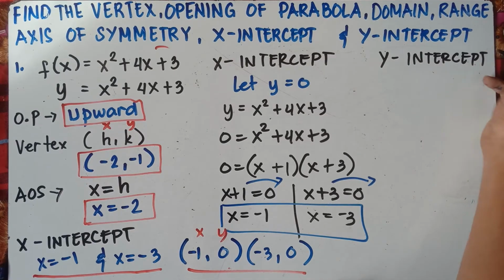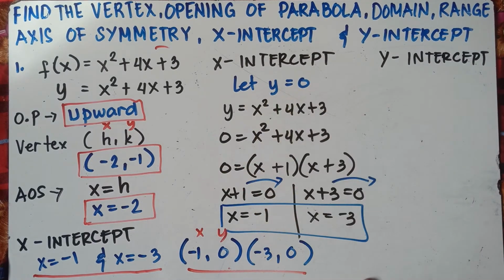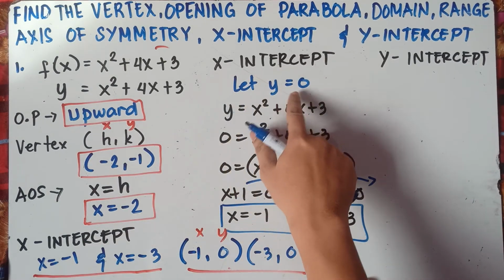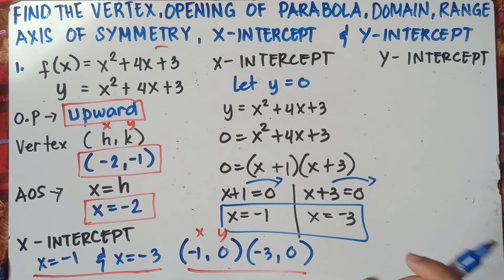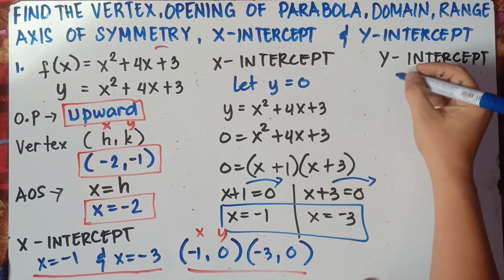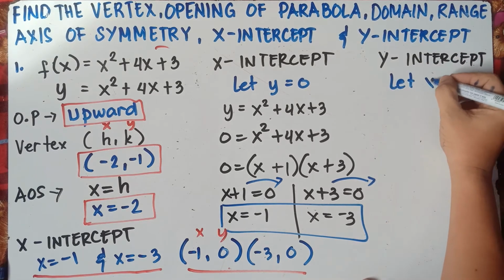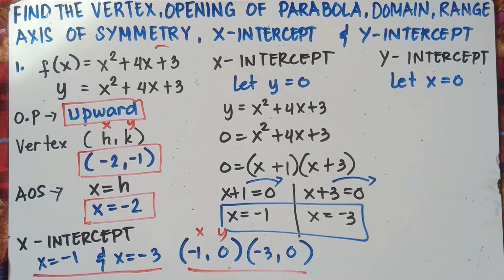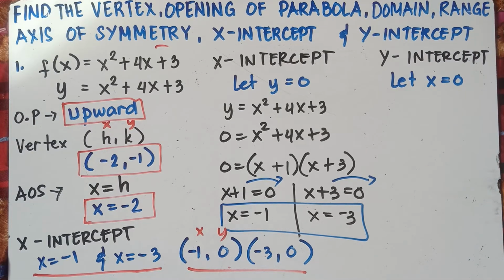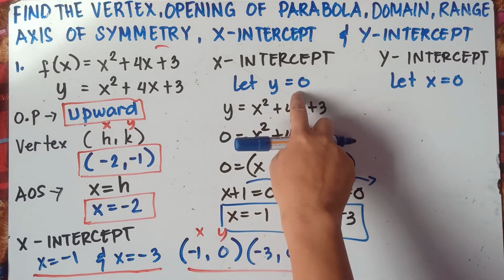Now, to find the x-intercept, you let y equal to 0, right? Now, to find the y-intercept, you let x equal to 0. It will be reversed, class. So once again, when you find the x-intercept, you let y equal to 0.